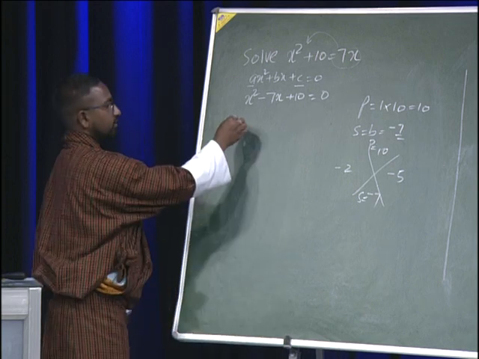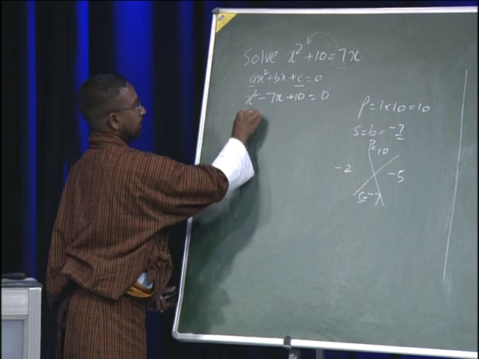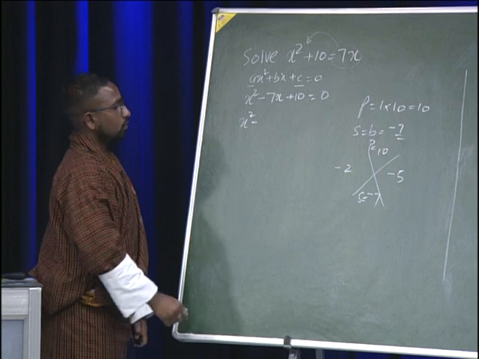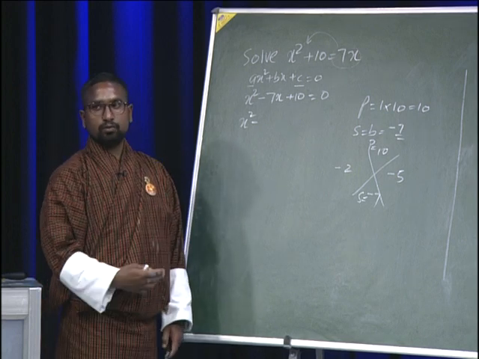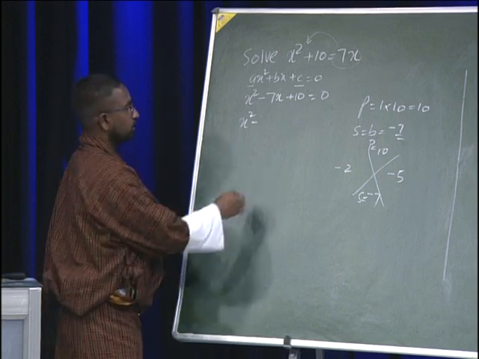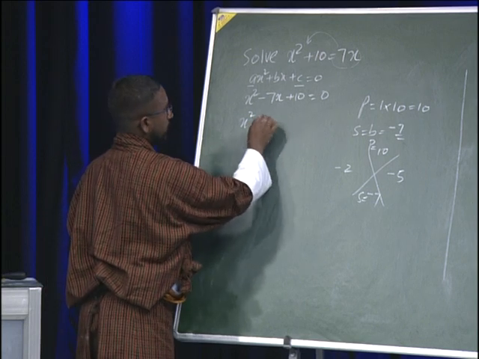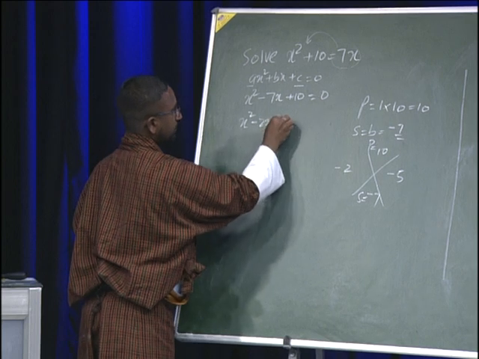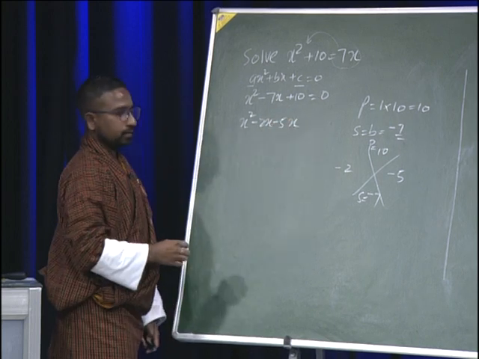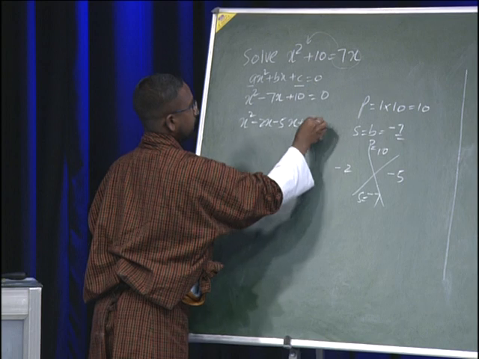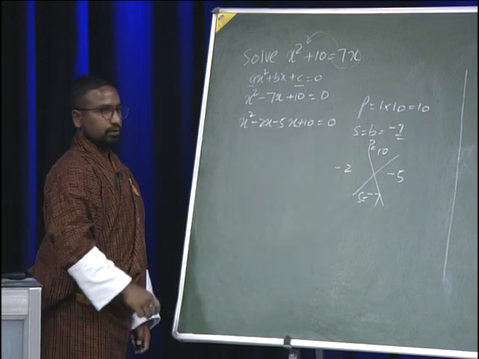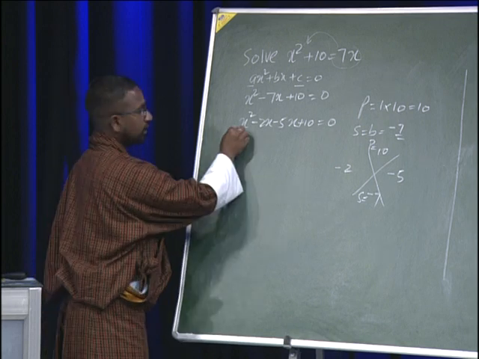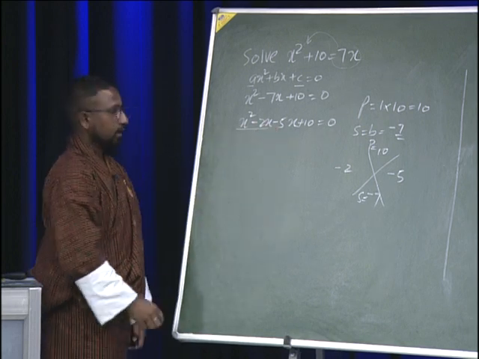So, now let us rewrite x square minus 7x; we can split it into two parts. We can decompose it into x square minus 2x minus 5x plus 10 equals 0. Next, we can take out the common factor from the first pair.